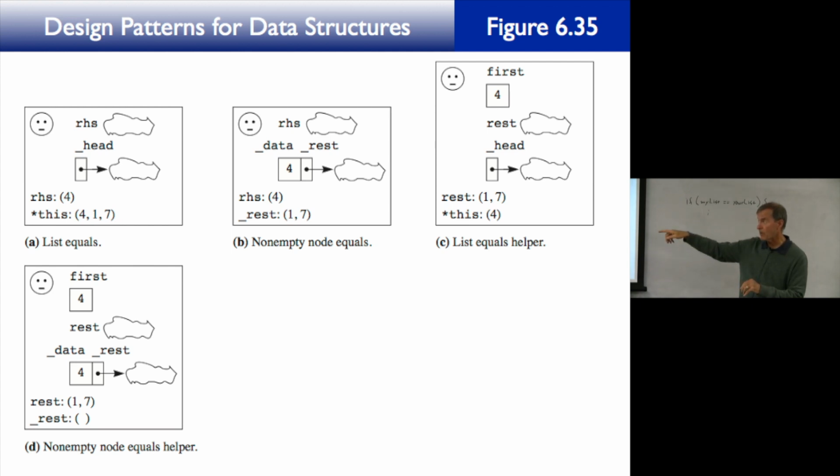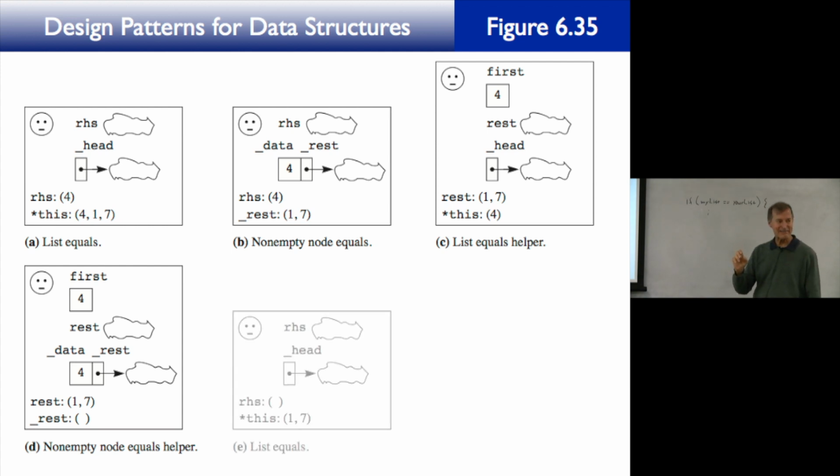And so it depends on whether rest equals underscore rest. So now we're back to the very top level. You see? Now this is composite. We can treat those as lists. So now we can make a recursive call and say, it's equal if these two are equal. You see what we're saying?